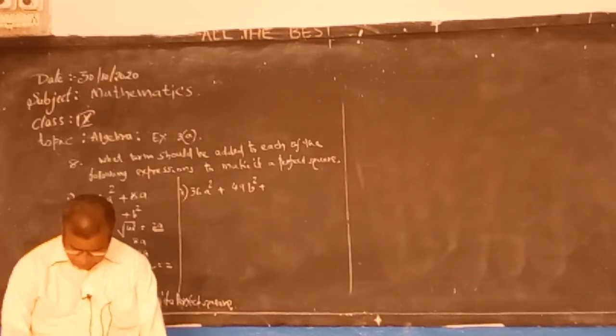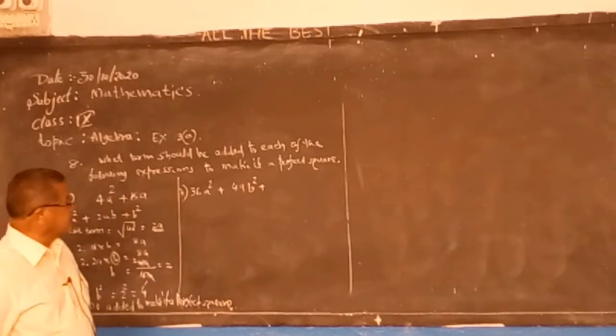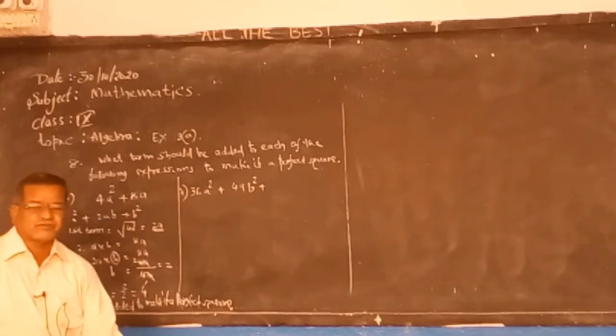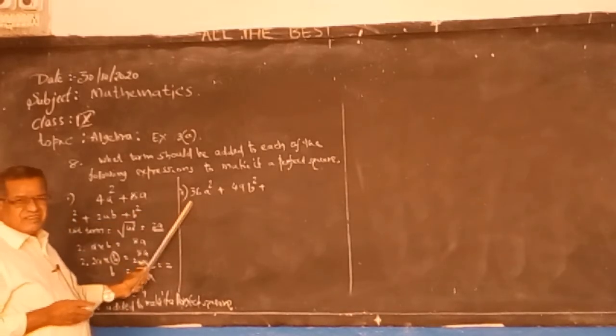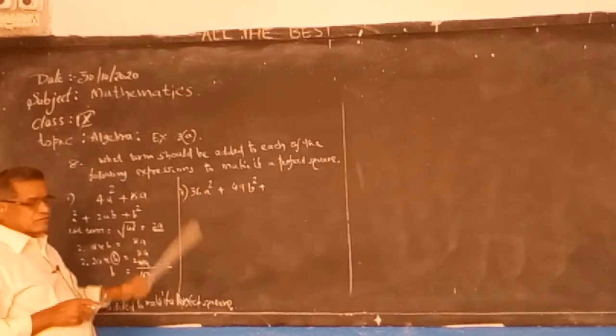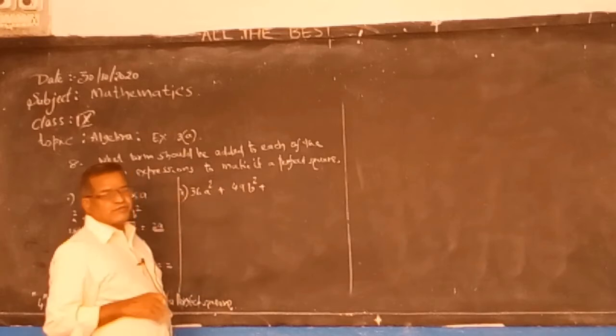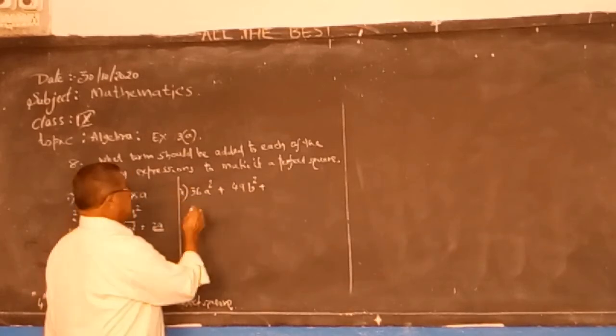Next, the second question I have written here. Here a squared plus b squared is given. The 2ab form is not given. Simple.